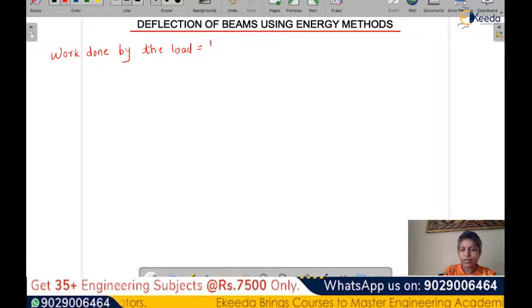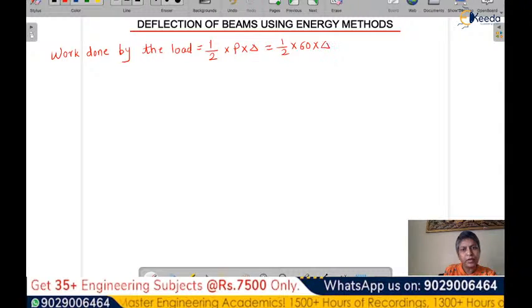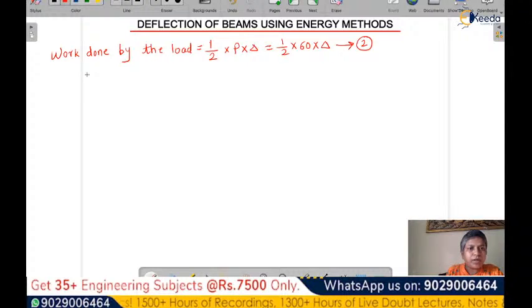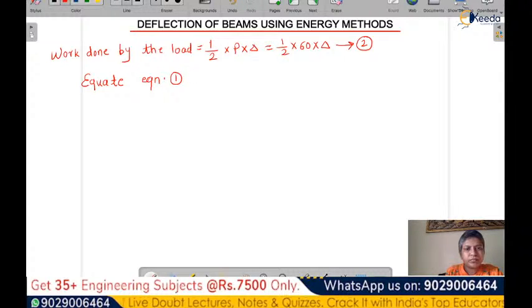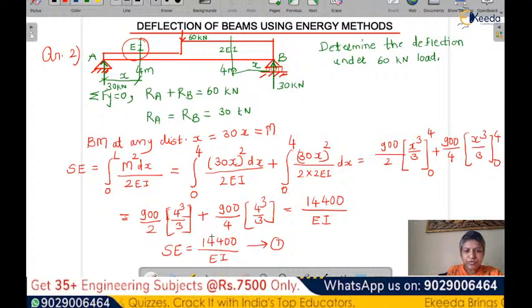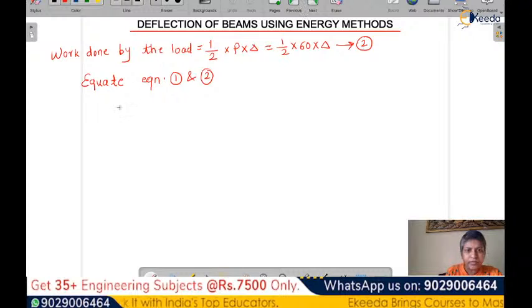It is again half into P into delta. So we know P value, that is 60 kilonewton into delta. This is our equation number 2. Okay. So now equate equation number 1 and 2. So this is 14,400 divided by EI is equal to half into 60 into delta.